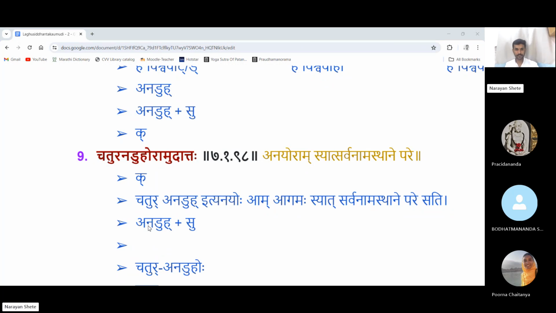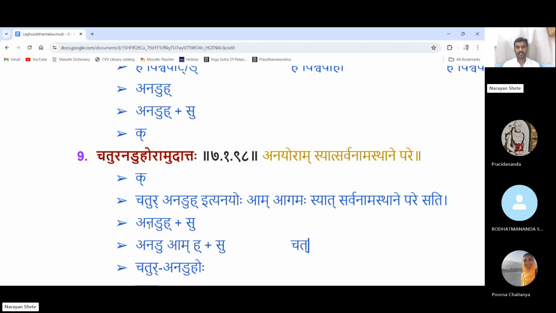After the antya ach it comes. So in anaduh the antya ach is ukara, which is there after dakara. After that ukara, this mit agama will come. So ana, am, ha. That's how it will come. Okay. Anaduh will turn into anadu am ha.